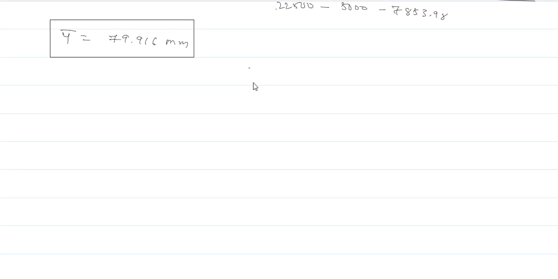Now this is the most important step, distance between the two axes. What are the two axes? That is very important. So we need to find distance between centroid axis to axis of center of each element.